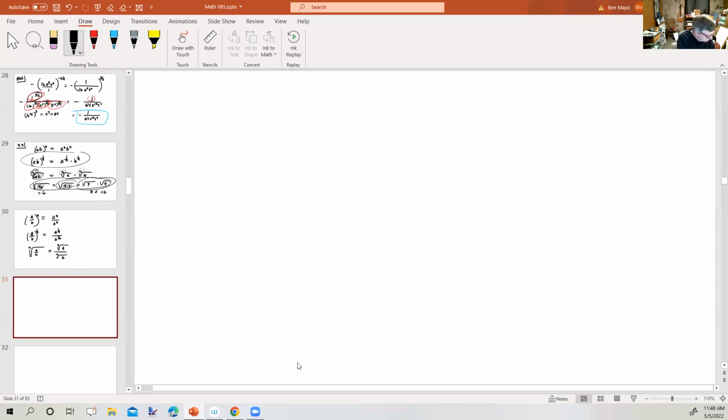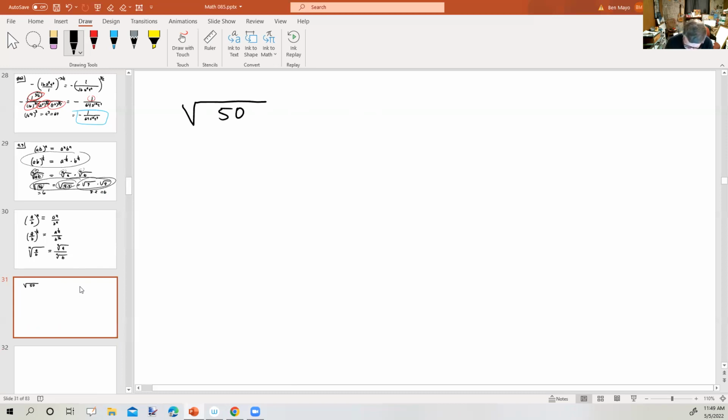Now, give me a second here. Let's say we have the following situation. We have the square root of 50, and it says simplify each expression. So what I want to do is get everything I can outside of the radical. The index is an implied 2, so we're taking the square root.